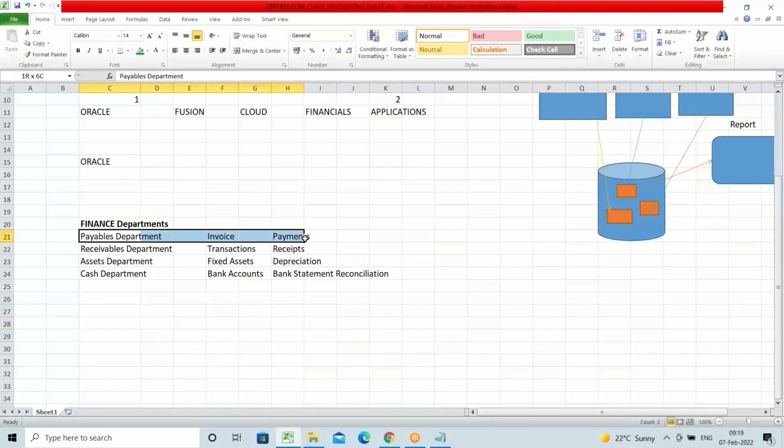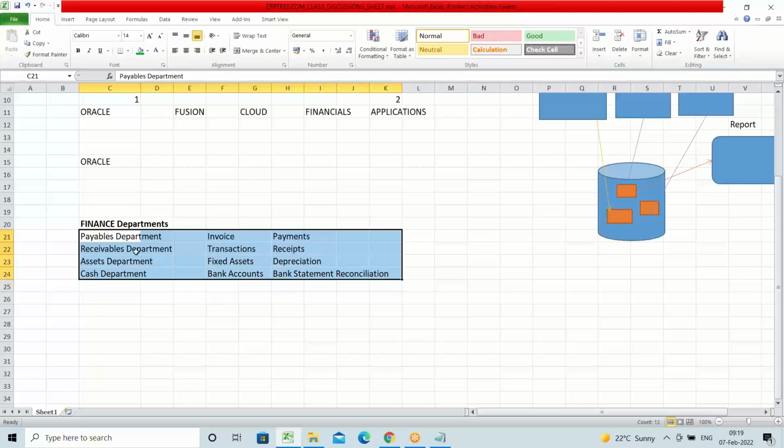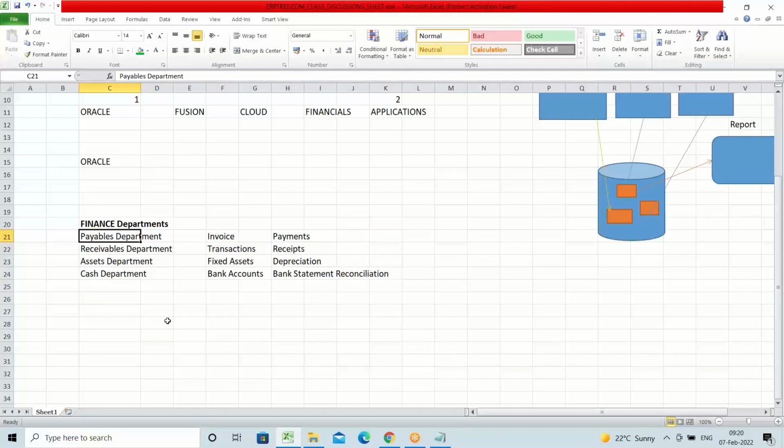So for each of these finance departments we can have an application from Oracle. For the payables department, Oracle is providing a payables application. For now you can take short, simple names.